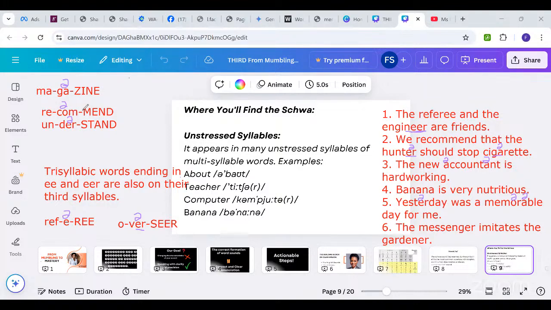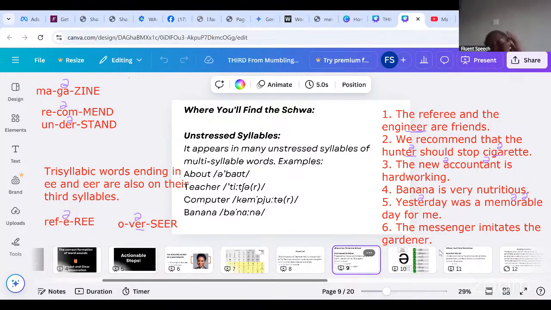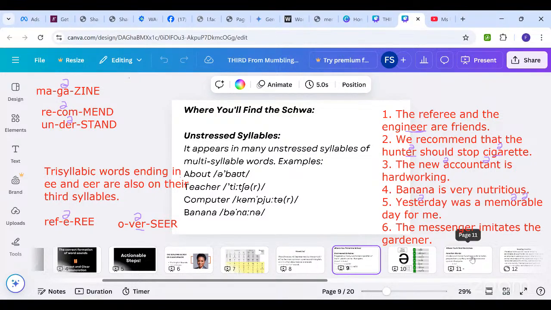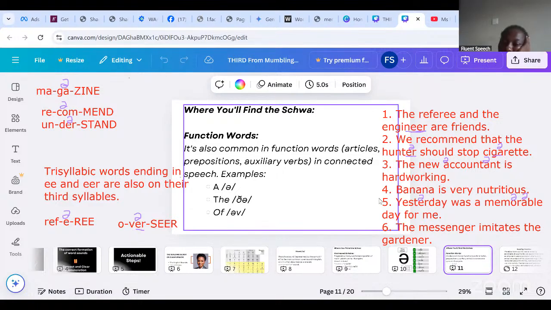Now we can also use the schwa in function words. When we read sentences, we can also find the schwa in function words. So what are function words? Function words are words that do not add meaning to our sentences. Function words are words like articles.